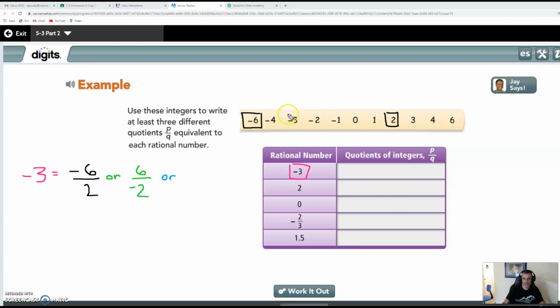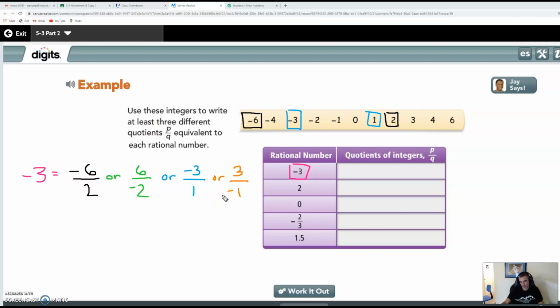What about, I could use negative 3 and 1. So negative 3 divided by 1, that's equal to negative 3. And there's actually one more option, which would be to switch the negative sign to the bottom here. So what they're trying to show you with this slide is that there are a whole bunch of different ways to create a negative 3 using division.